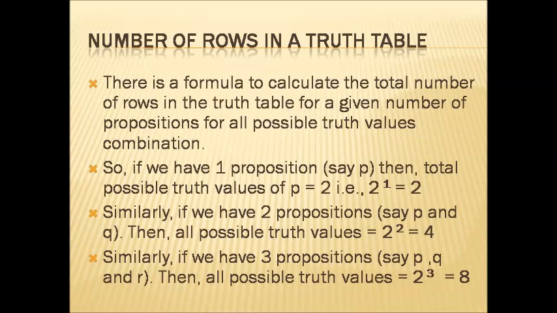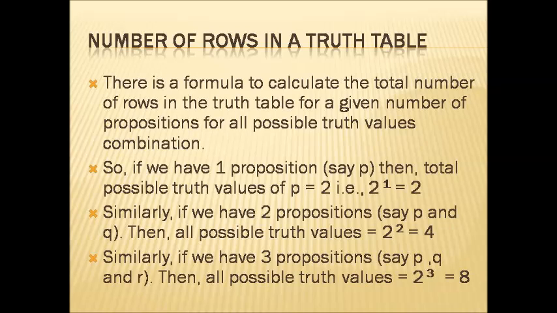You might have observed that when there was only one proposition, there were two rows in that truth table. Suppose we have two propositions, we could say that 2 raised to 2, there will be 4 values in the truth table.